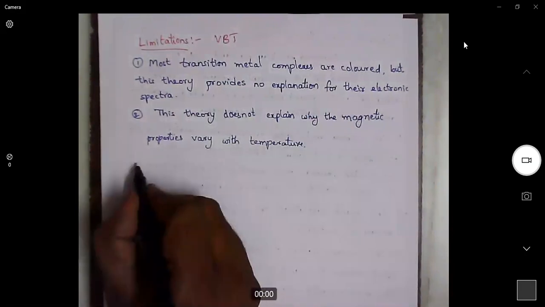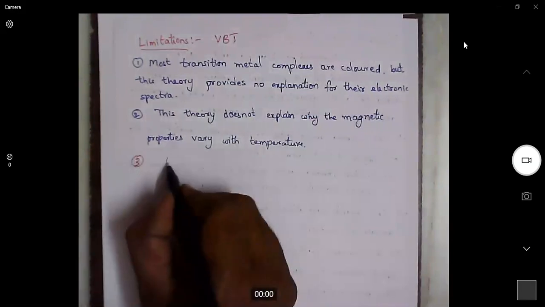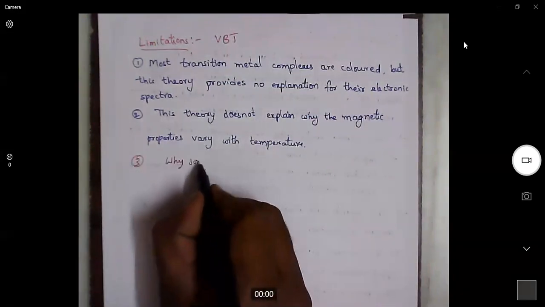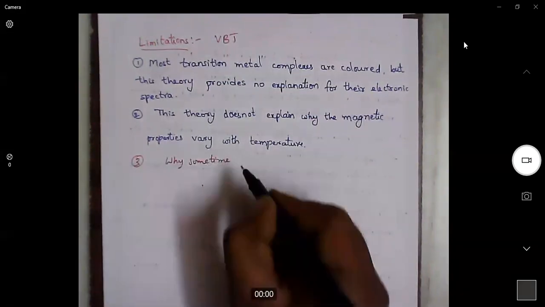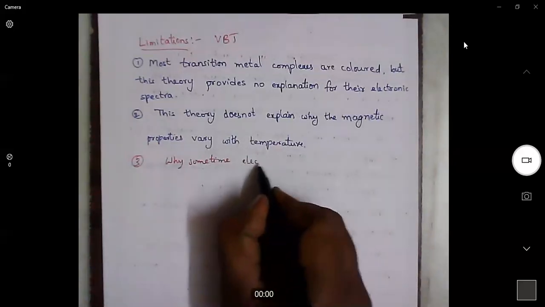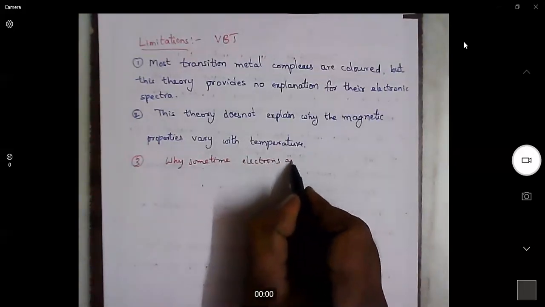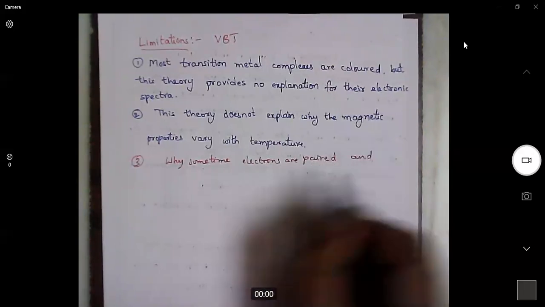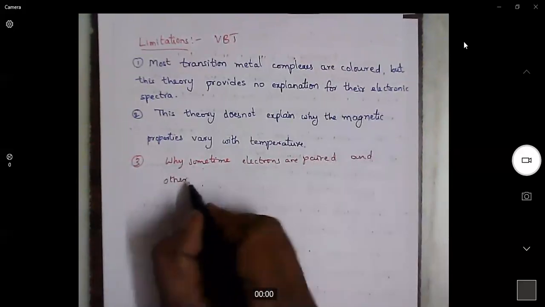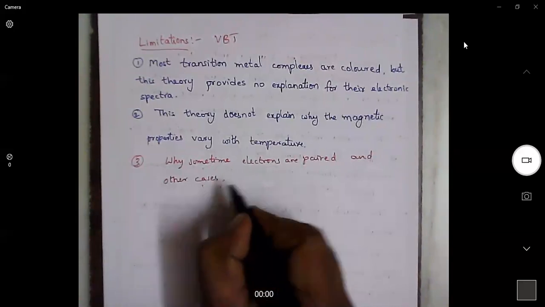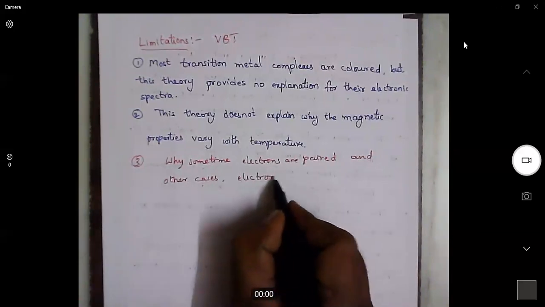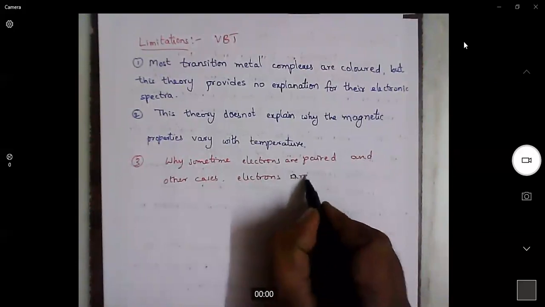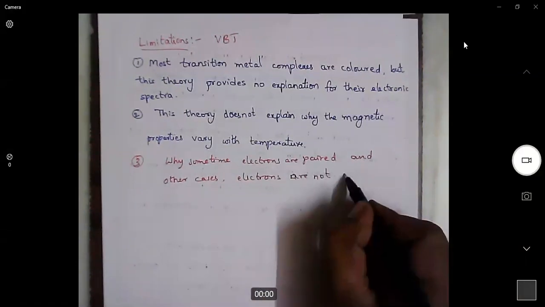And this theory also does not explain why sometimes we need to pair the electrons and in other cases electrons are not paired.